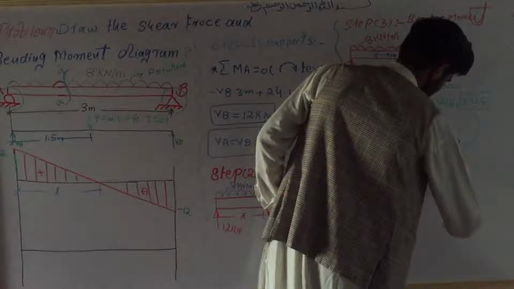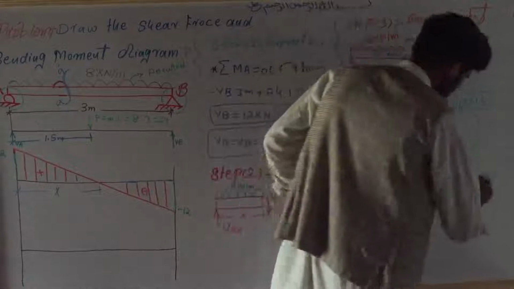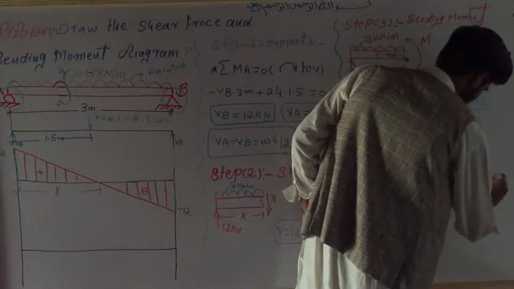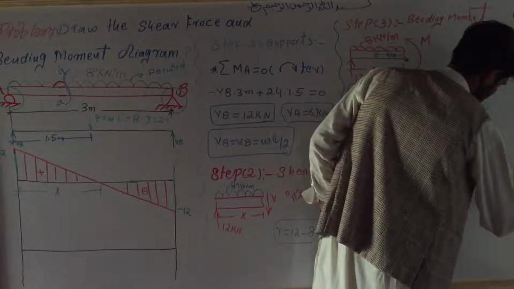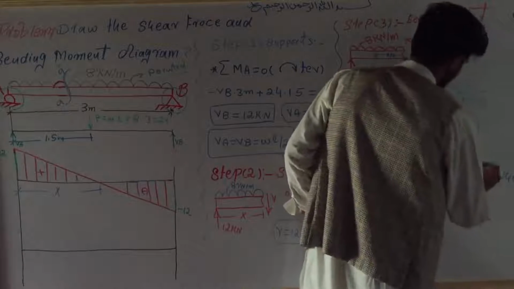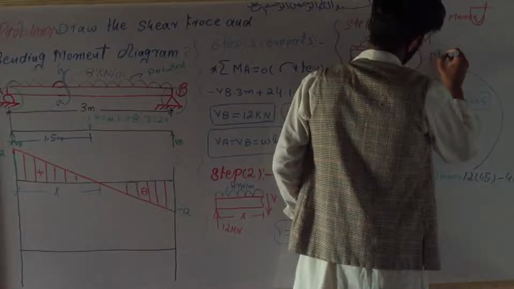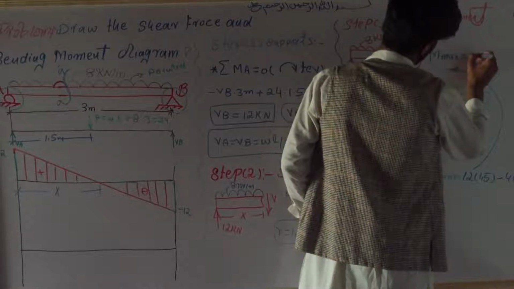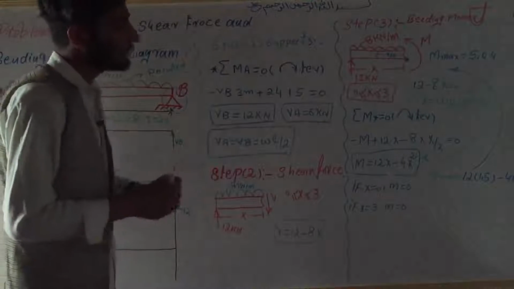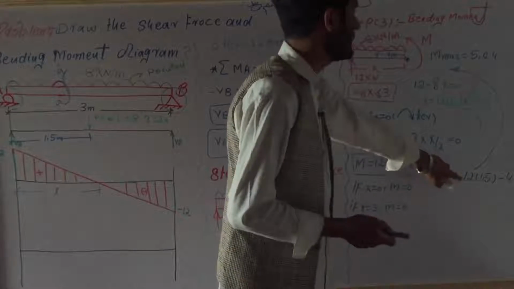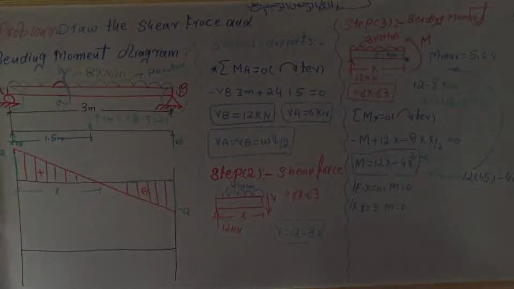Let's find it here. M max also equals, I think, 5.04 or something else. If you calculate this equation, we discover this value.